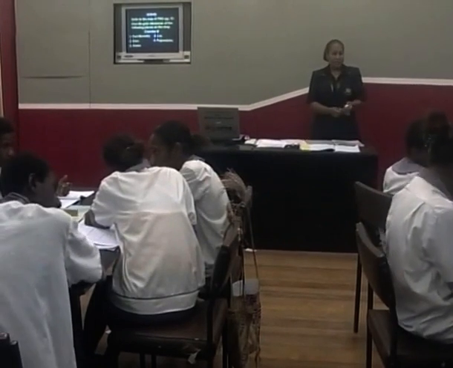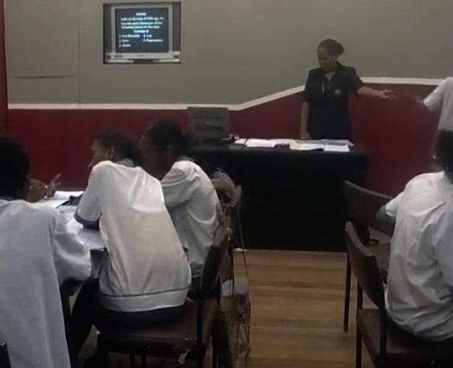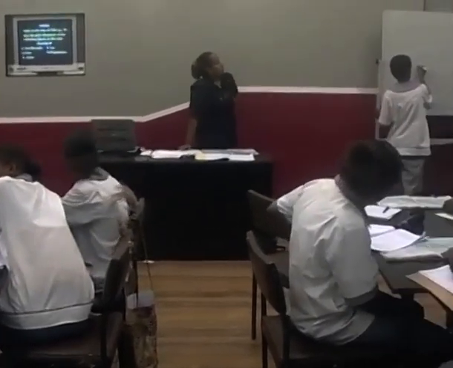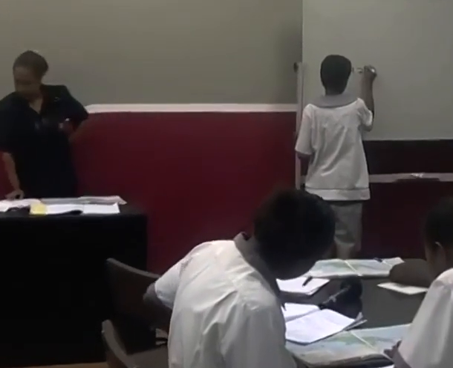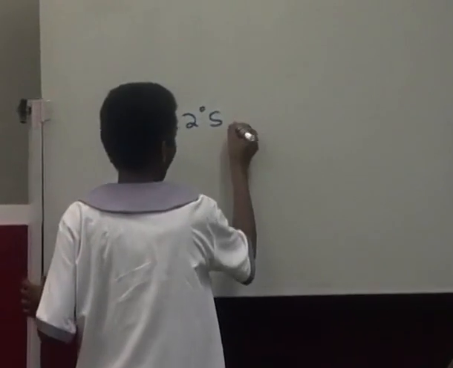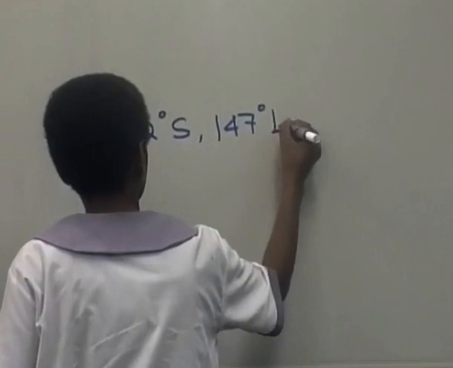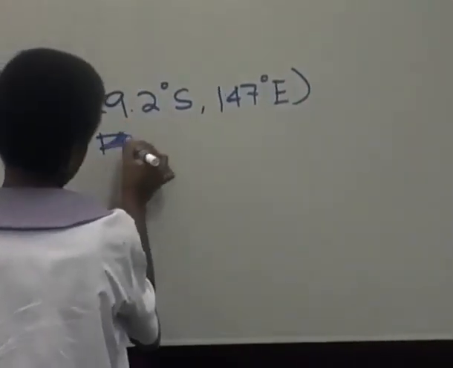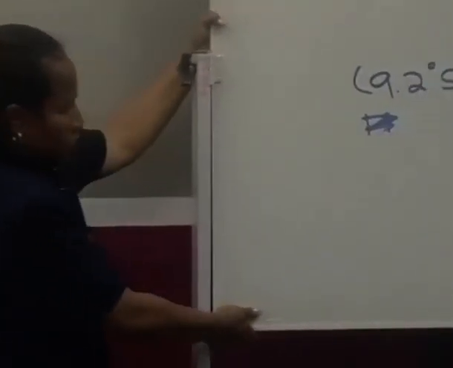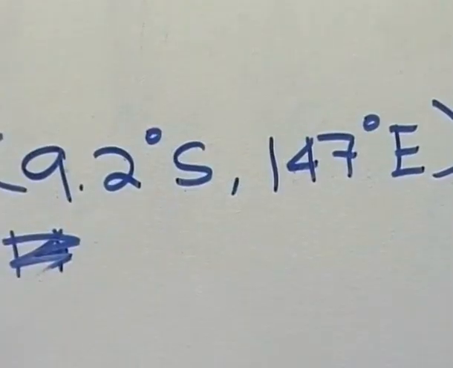Philippa? Try. Okay, Philippa's answer is 9.2 degrees south and 147 degrees east.